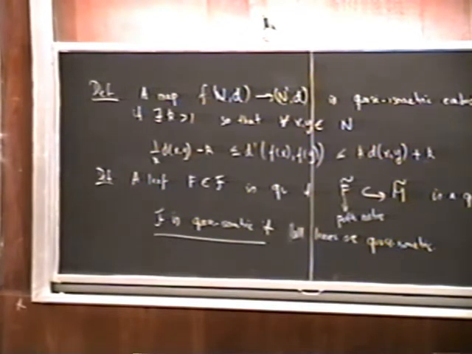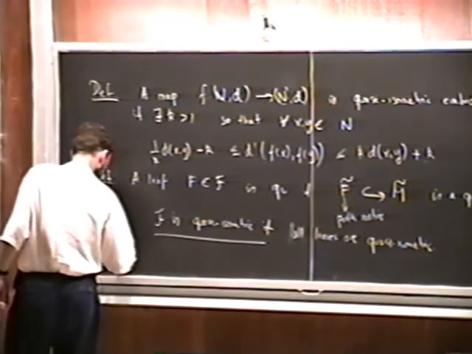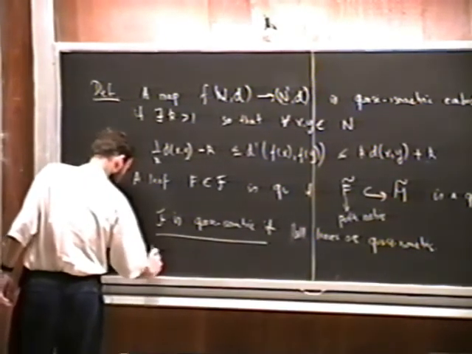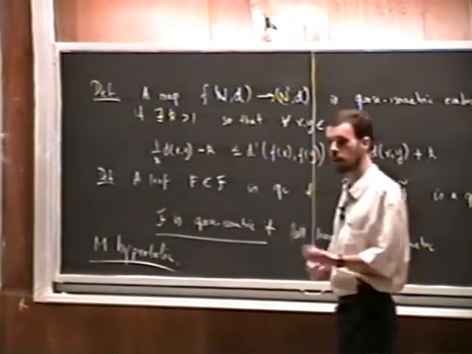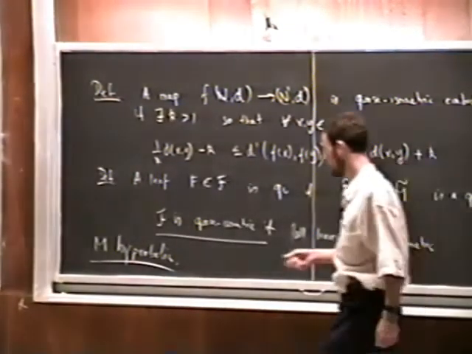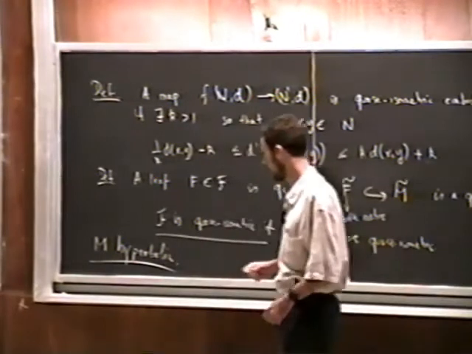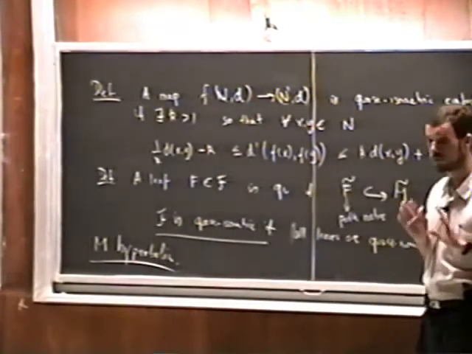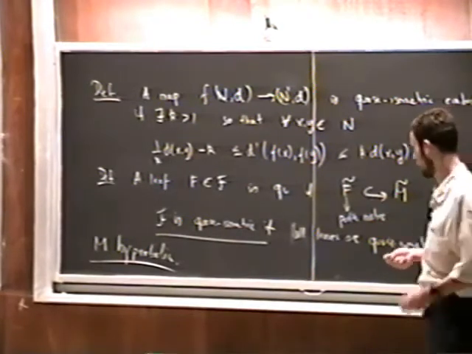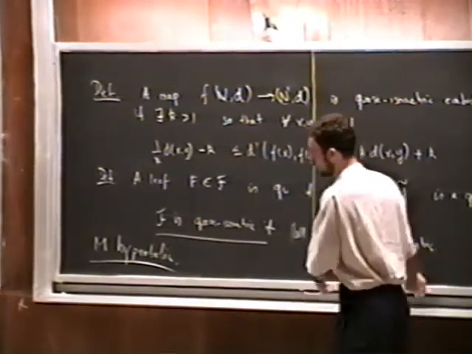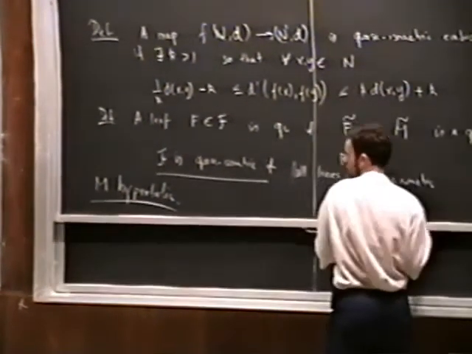So the remaining case is what happens when the manifold M is hyperbolic. So I want to understand foliations of hyperbolic manifolds, and in particular in that case, what's important is the metric in the universal cover and the asymptotic geometry there, okay?